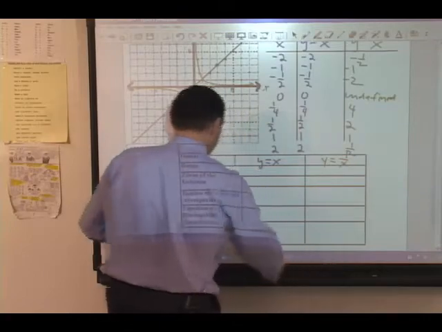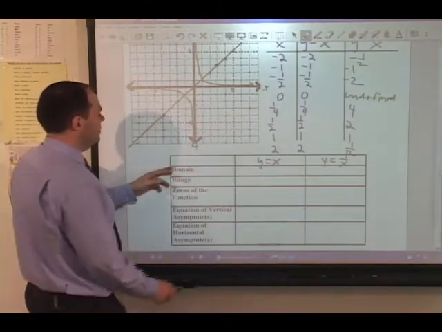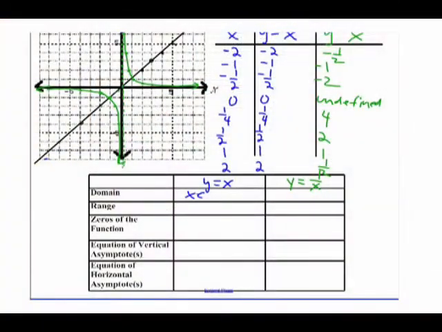On our original function, the line, the domain was all real numbers. The range was all real numbers. The zero of the function was x equals 0, and there were no asymptotes, so that's not applicable.